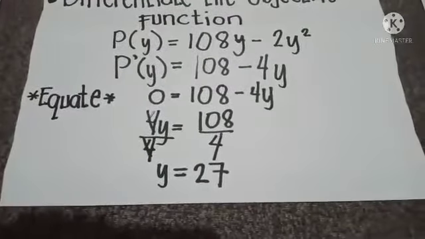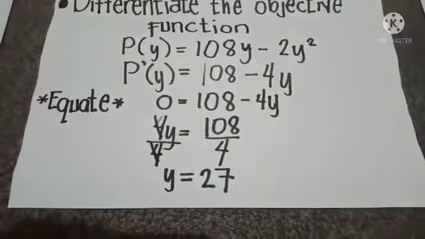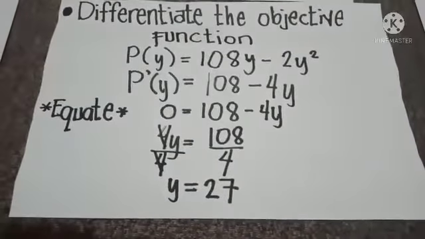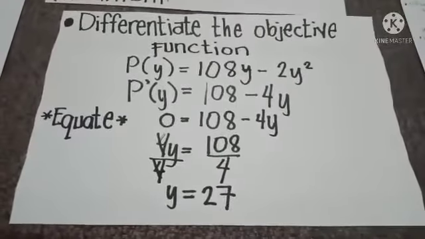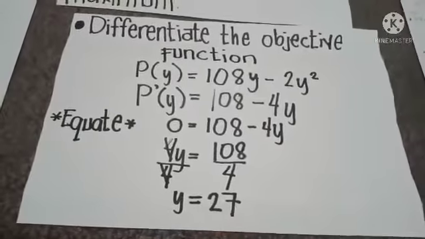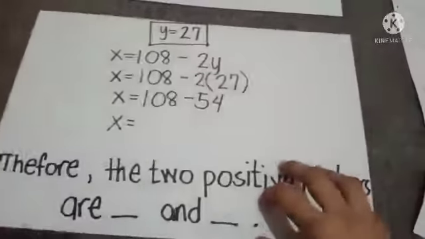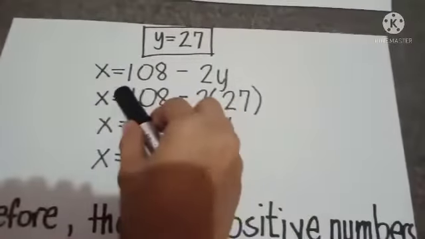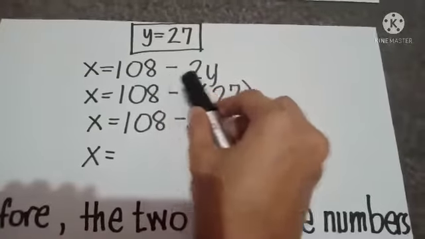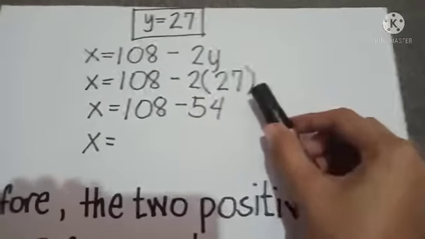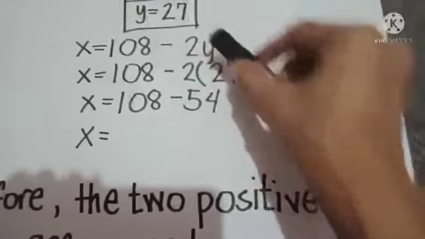Since we have now the value of y, or one of the missing positive numbers, we have to find the other positive number by substituting the value of y to the constraint equation. This is our constraint equation, which is x equals 108 minus 2y. We just have to substitute the value of y, which is 27.